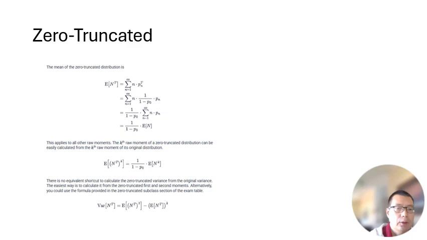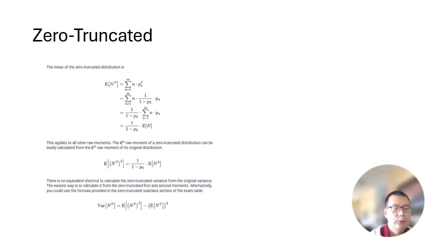The kth raw moment of a zero truncated distribution can be easily calculated from the kth raw moment of its original distribution. And we always have this relationship between E[NT to the k power] and E[N to the k power].